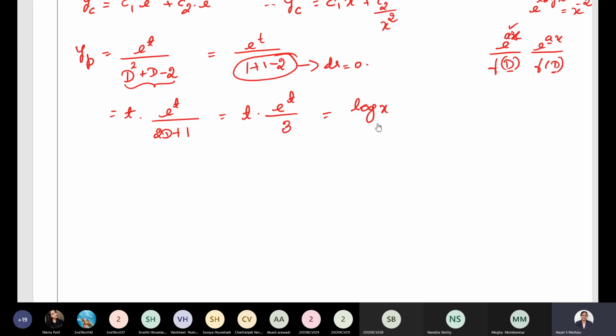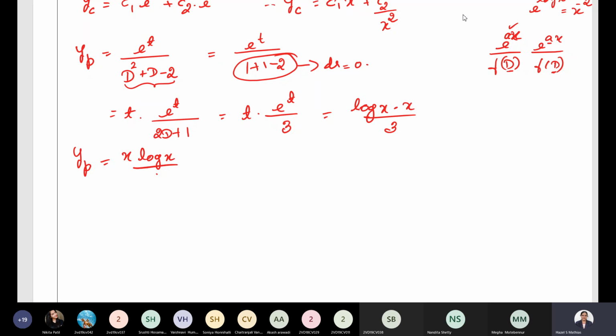Log x. E power t will be x, divided by 3. So what is the particular integral yp equal to? It is x log x divided by 3.